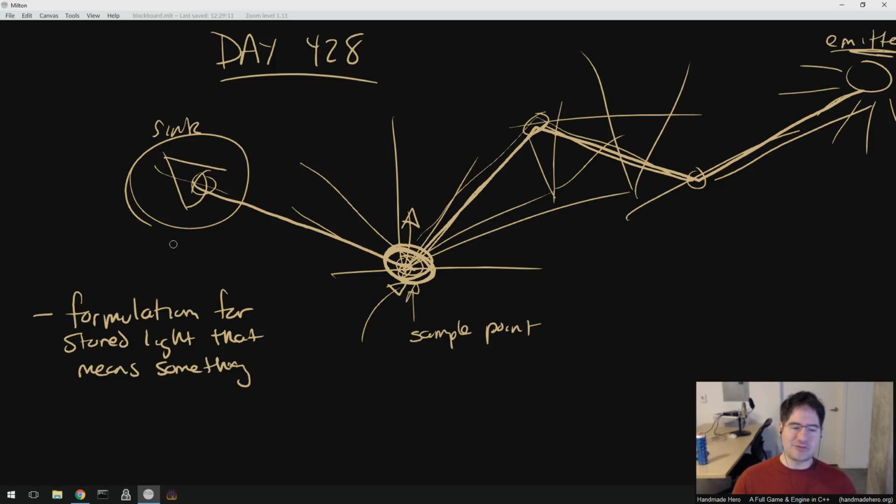But obviously, if we can get better than random search, we would like to. There's no sense being random in your search for your algorithm if you can find some way of doing some math or doing some thinking to carve off the space of possibilities into some narrower space, so that the search can be more constrained and more successful more quickly, right? So pretty basic idea there. So we need a formulation for stored light that means something.